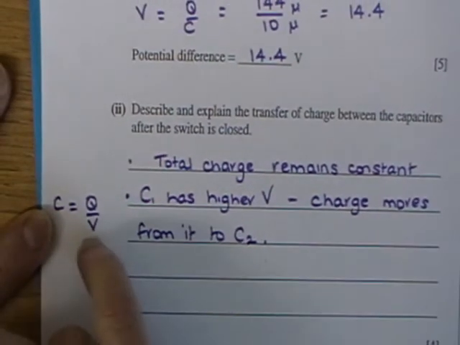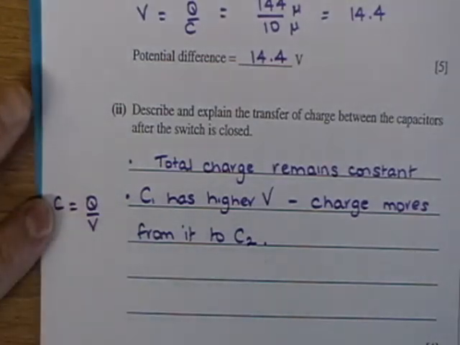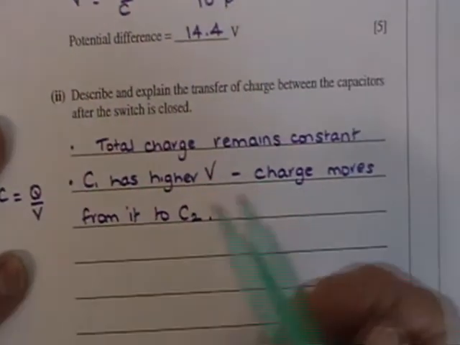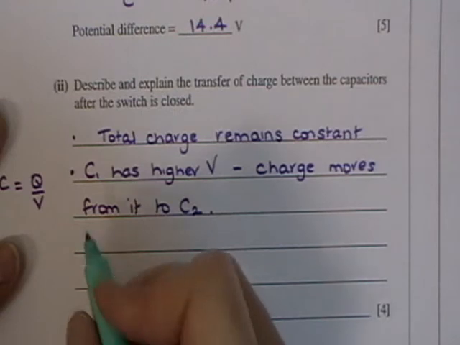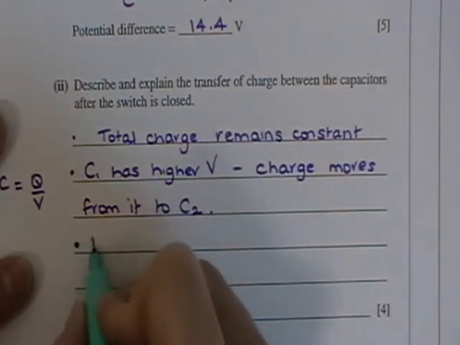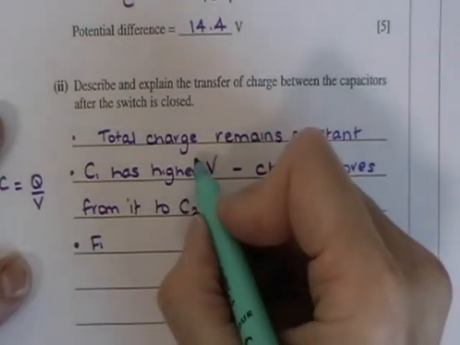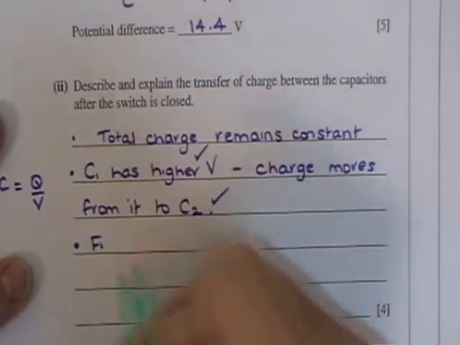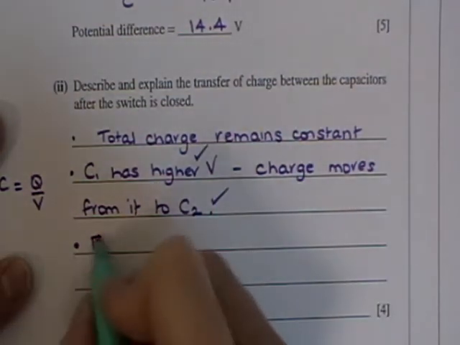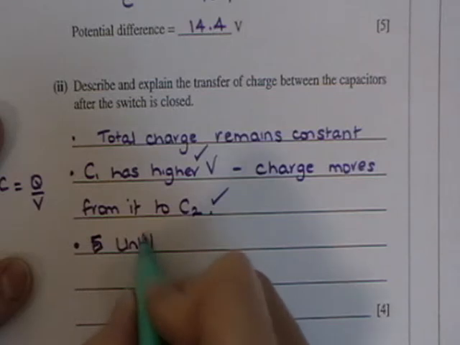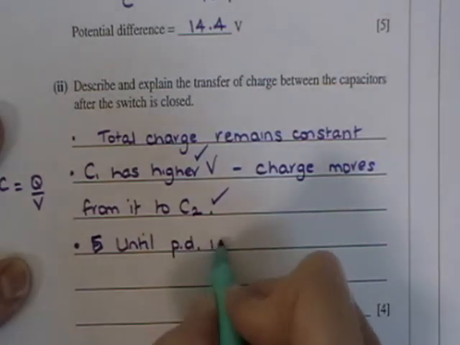Do you see that? So charge moves from it to C2, from the higher voltage to the lower voltage, until the potential difference is equal across both.